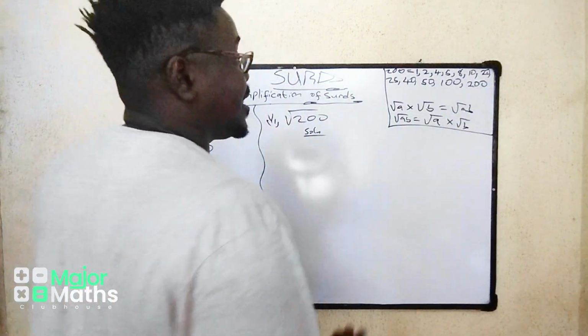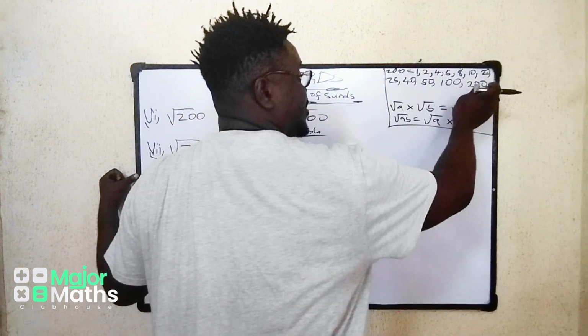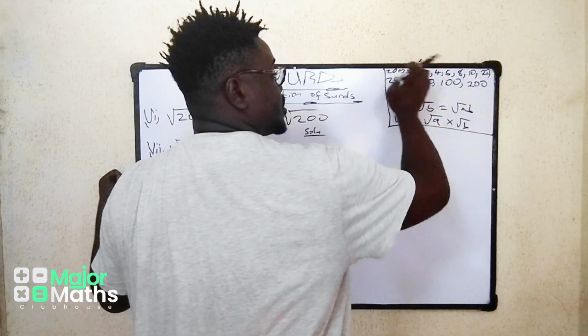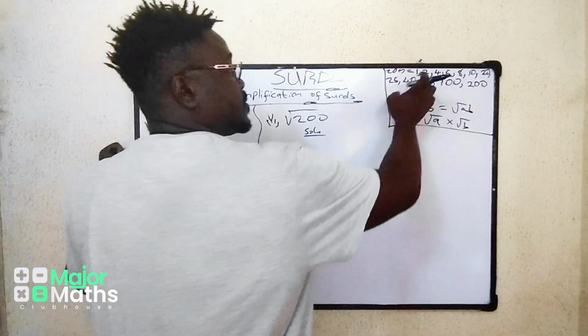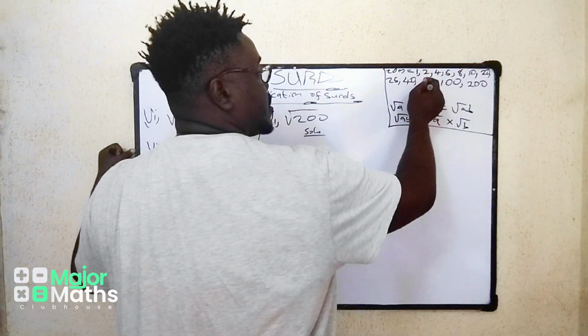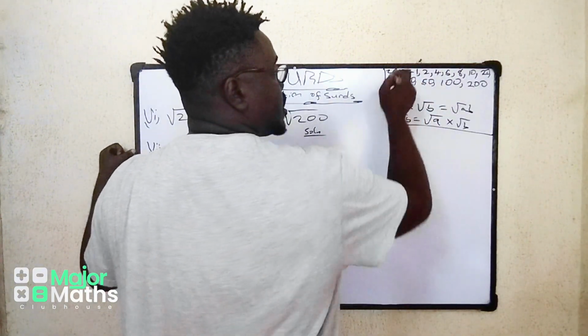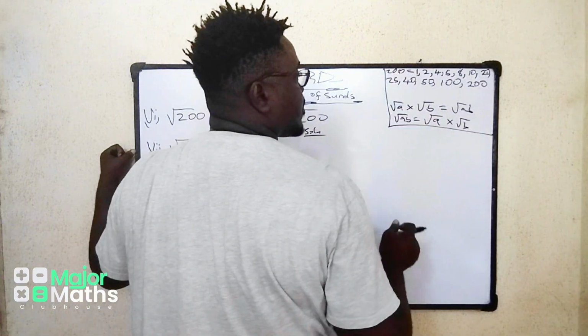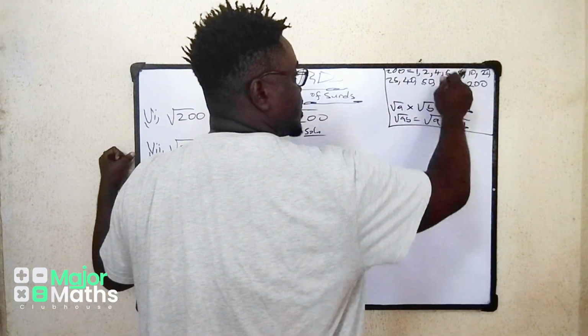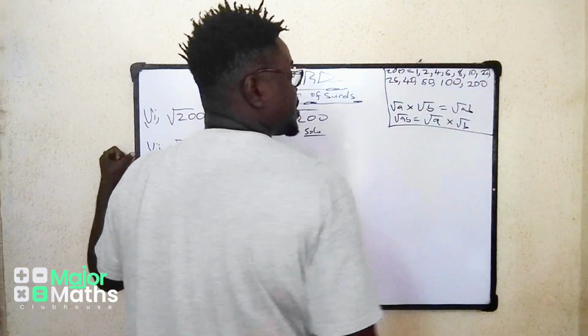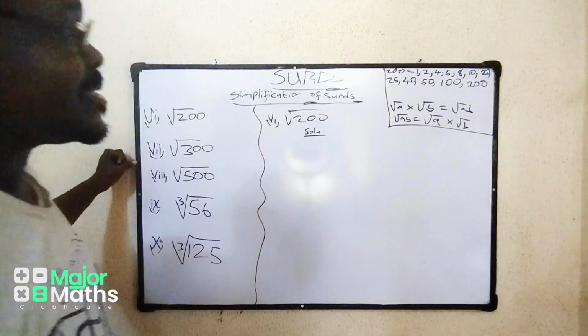God, please confirm me. All right, so we have 200 times 1, 200; 100 times 2, 200; 50 times 4, 200; 40 times 5, 200; 25 times 8, 200; and 10 times 20, 200. Wow, that's nice.